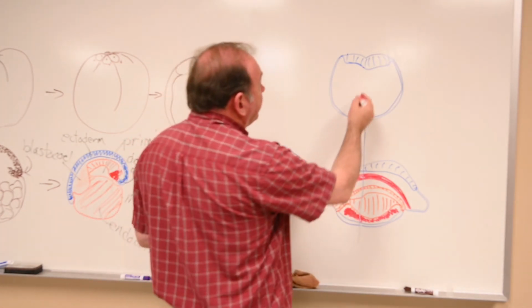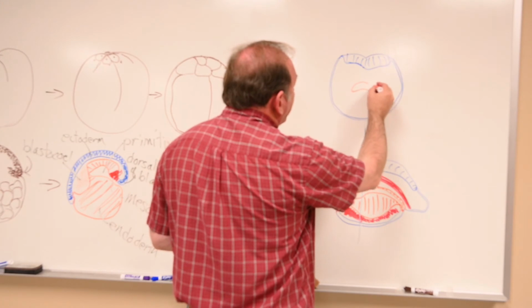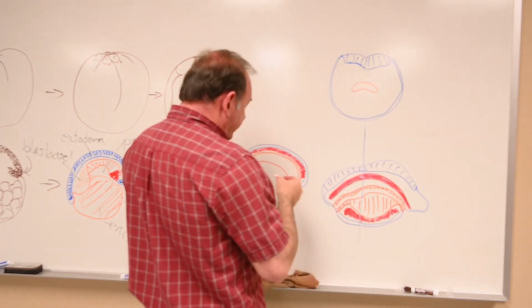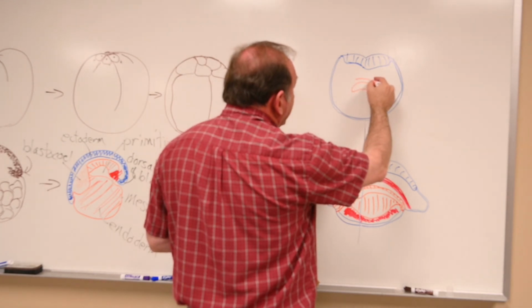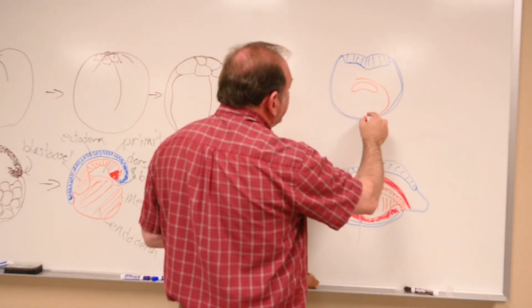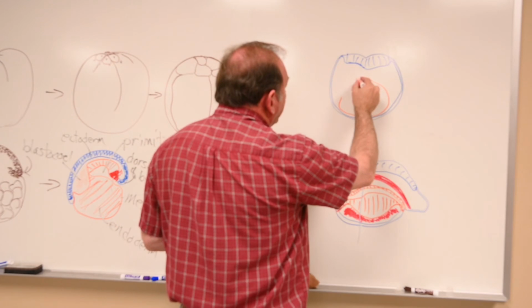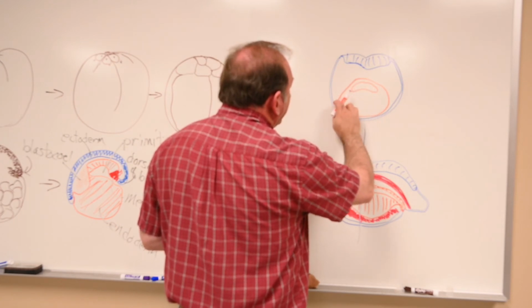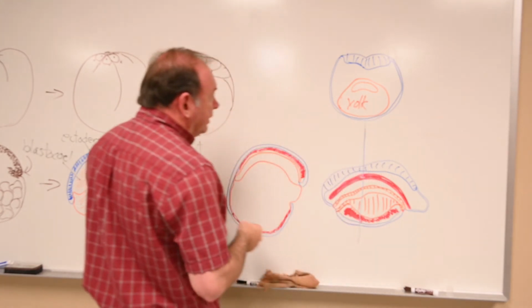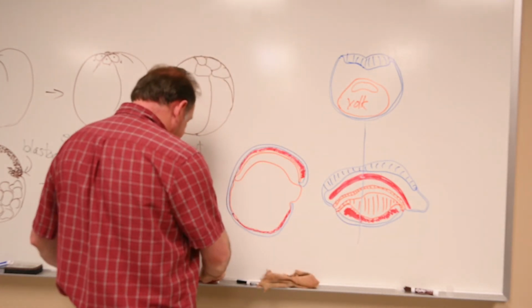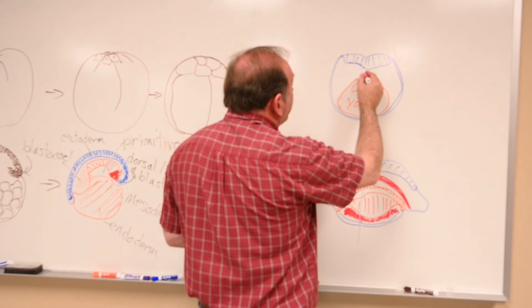Our gut tube that formed in there. This would all be the yolk stuff down below here. So here's our yolk, what's left of it. Our notochord forms right here.